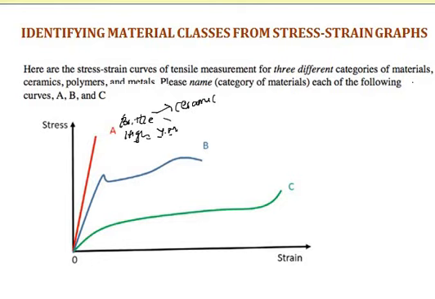As for B, it is strong, but it's also tough. It doesn't break easily, and it's ductile. Now, based on these characteristics, we can say that it's a metal.